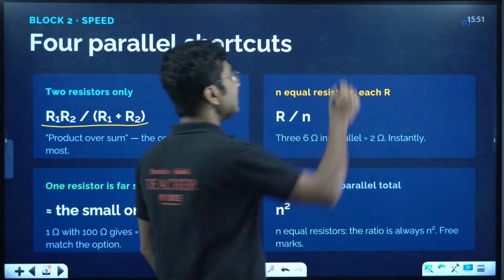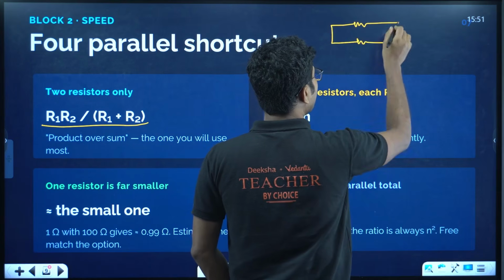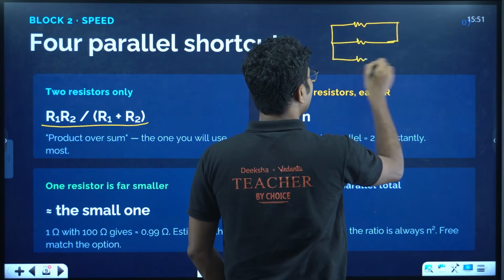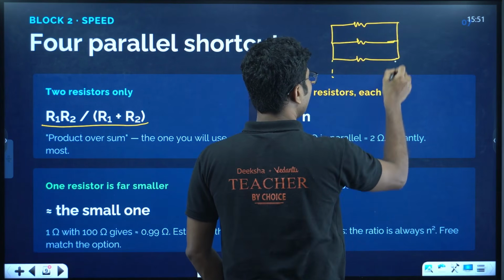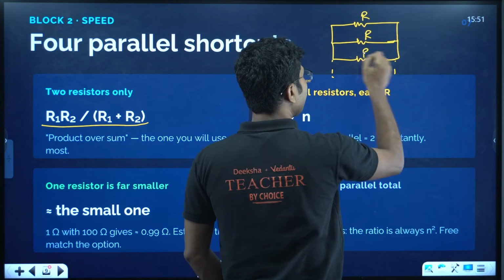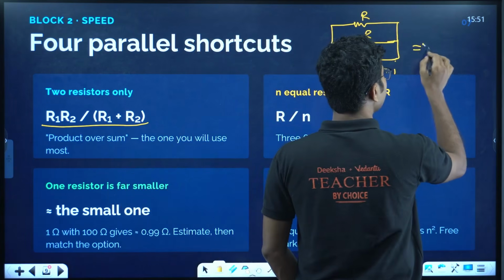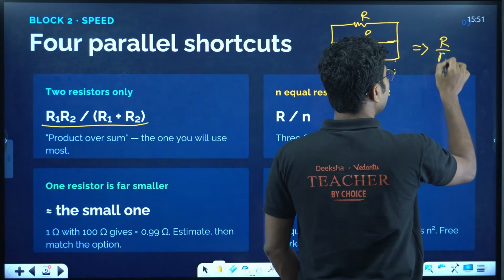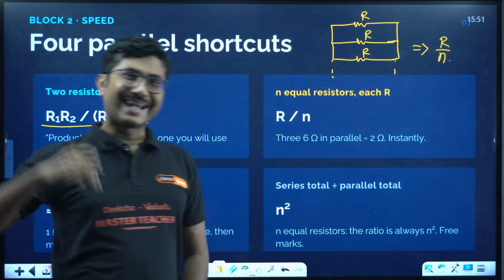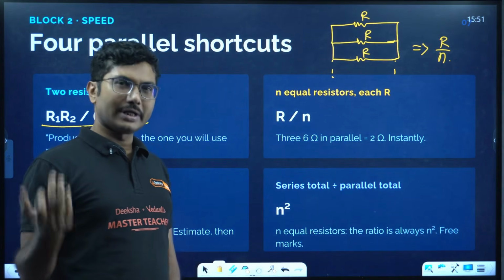Can you do any shortcut? You don't need to add them in the formula. You directly calculate the equivalent resistance: R divided by the number of resistors. Take any one of the resistances, divide by the number of resistors, and you will get R by N.